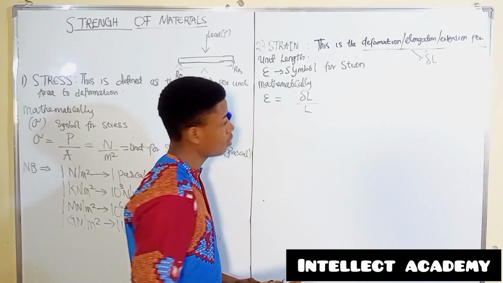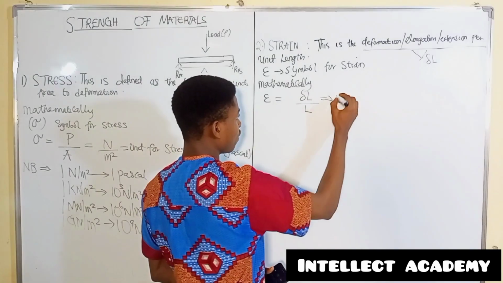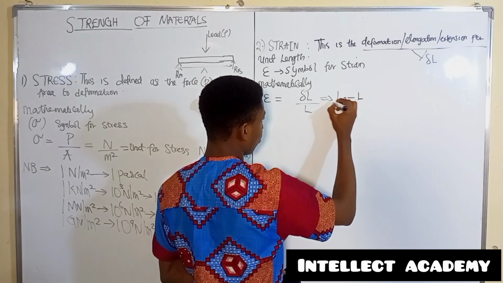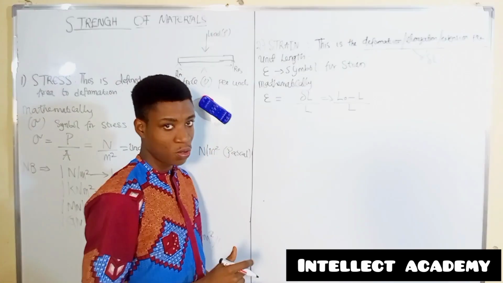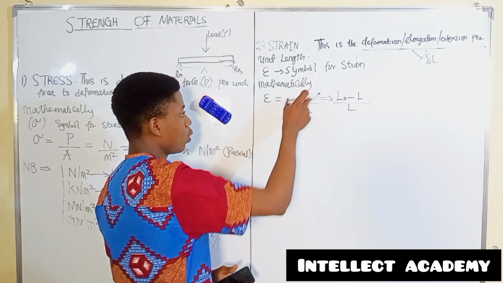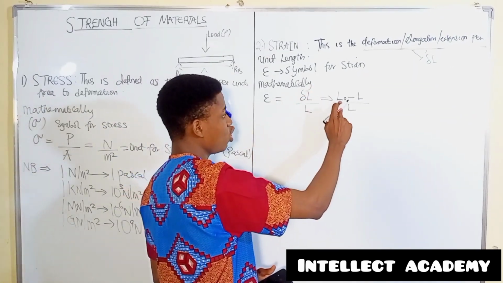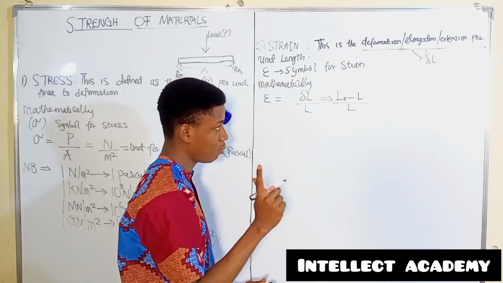That's what strain is. Now take note, this extension is given by L minus L naught all over L naught. It's very, very important you know this. When it comes to elongation or extension or deformation, it is the new length minus the former length. Very, very, very important.